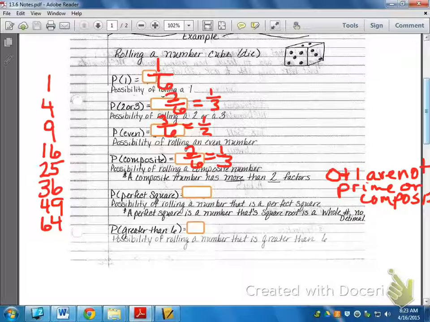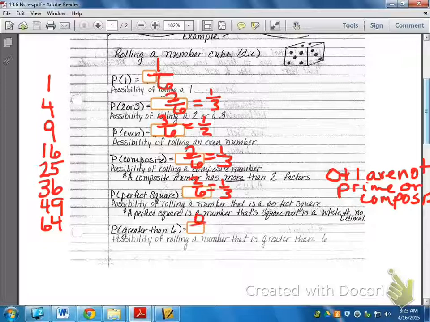We don't need that for a die, but you might need it for another question. So how many of those perfect squares could come up on the roll of a die? 2. 1 and 4. So 2 out of 6, 1/3. Okay, and then probability of greater than 6. How many sides are greater than 6? 0.